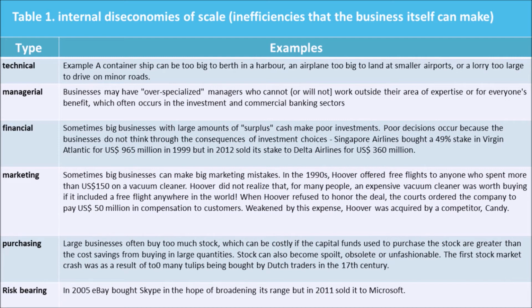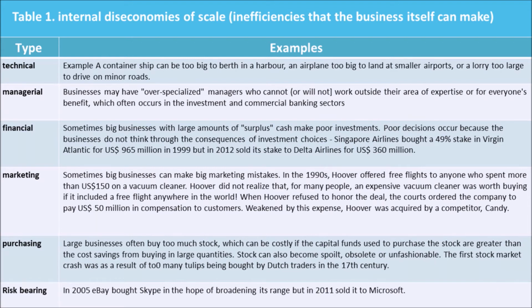A business may have over-specialized managers who cannot or will not work outside their area of expertise or for everyone's benefit, which often occurs in the investment and commercial banking sectors. 3. Financial. Sometimes, big businesses with large amounts of surplus cash make poor investments. Poor decisions occur because the business does not think through the consequences of investment choices.